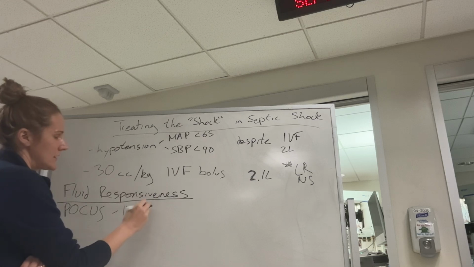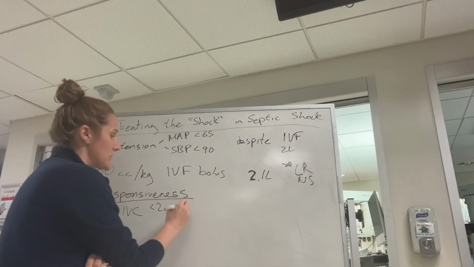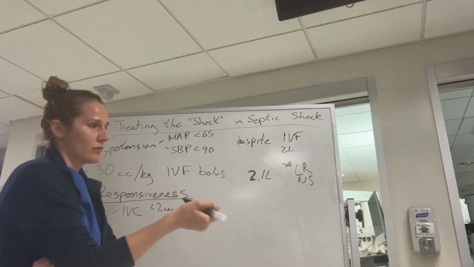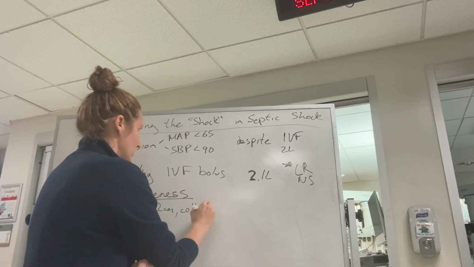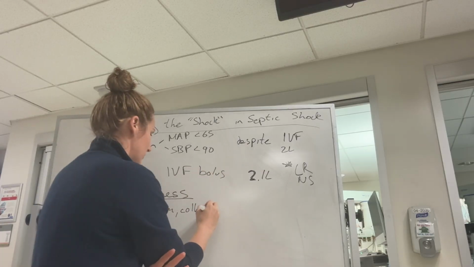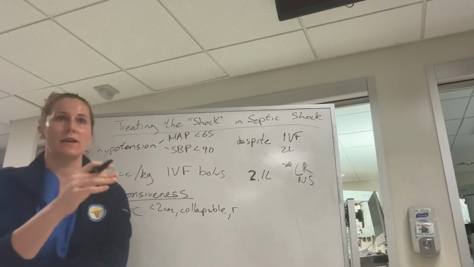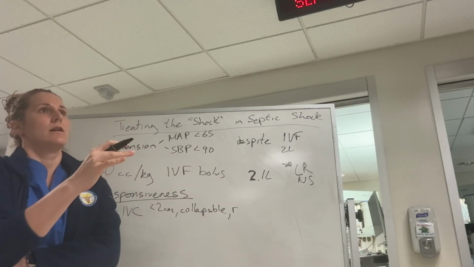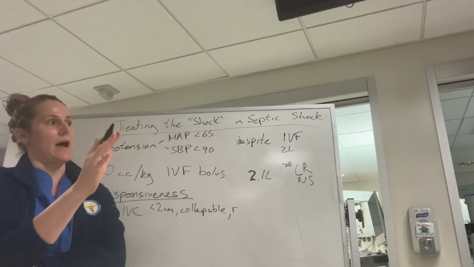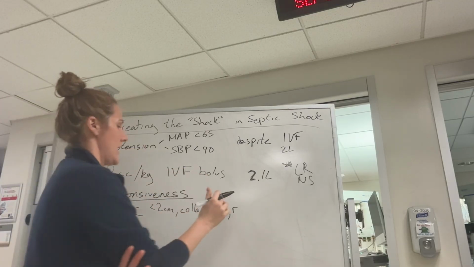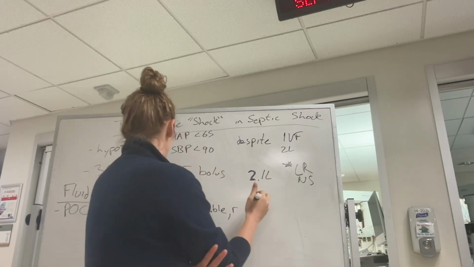If your IVC is less than 2 centimeters and is collapsible, which means if I apply pressure, it smushes by more than 30%, more than 50%, or has respiratory variation, which means when they're taking a breath in if they're not intubated, or a breath out if they are intubated, I see a variation in the diameter by more than 30%.